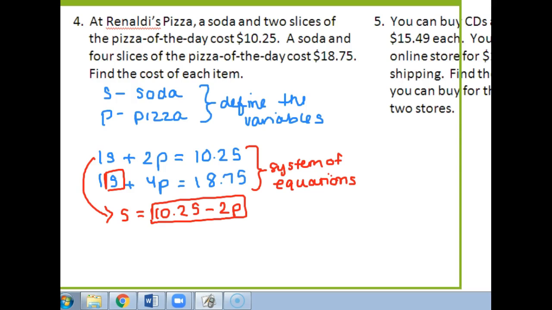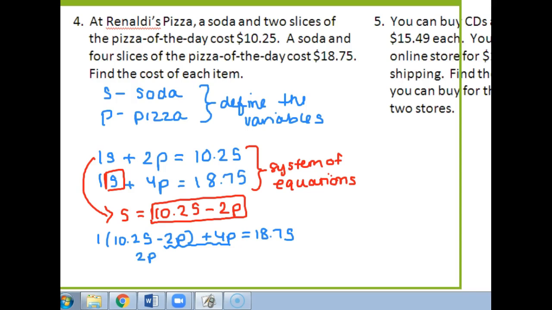So you get 1 times 10.25 minus 2p plus 4p equals 18.75. And then what we need to do is solve for p. Combining like terms, 4p minus 2p is 2p.